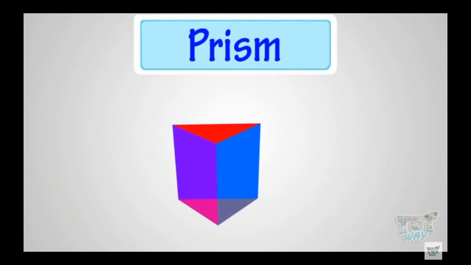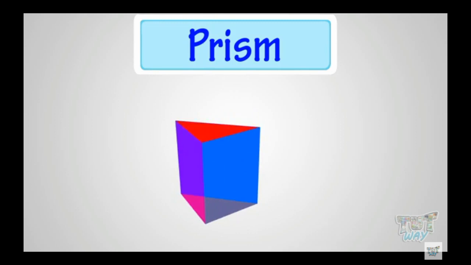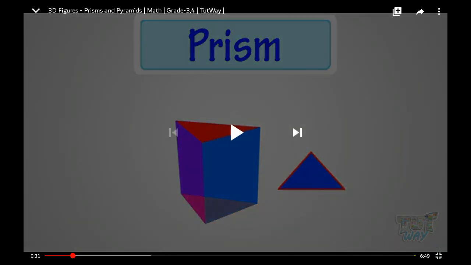In simple words, a prism is a 3D shape in which the top and bottom faces are the same shape. So here, as we can see, the prism has two bases and they are the same. So focus here, two bases, and they are triangles here.